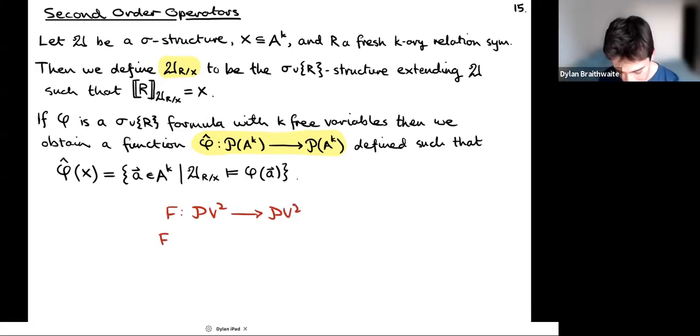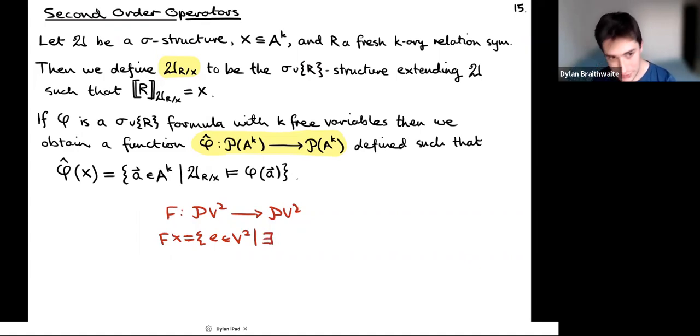And the definition we'd like for this would be to say something like E in V squared, such that, how do you do this?